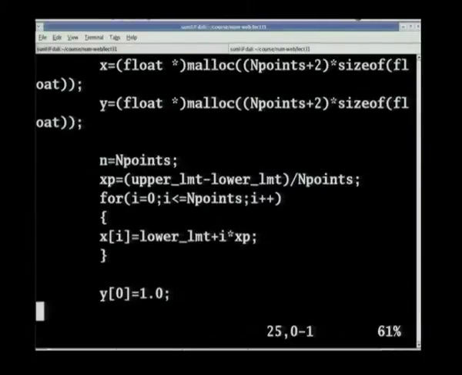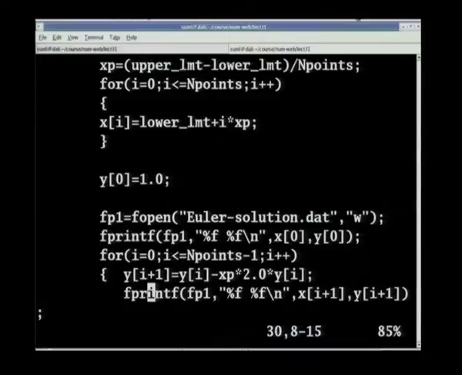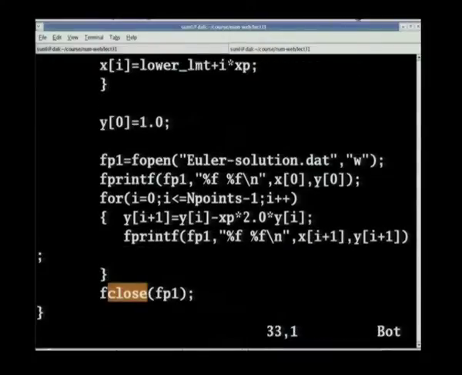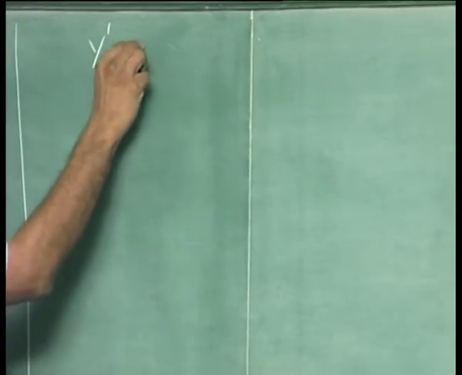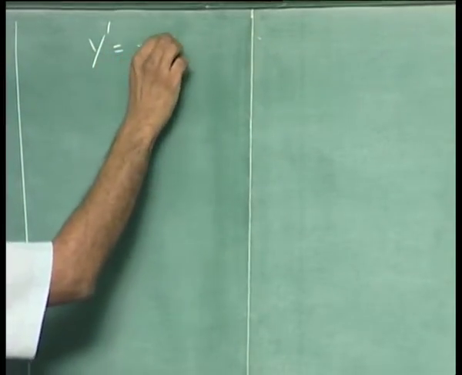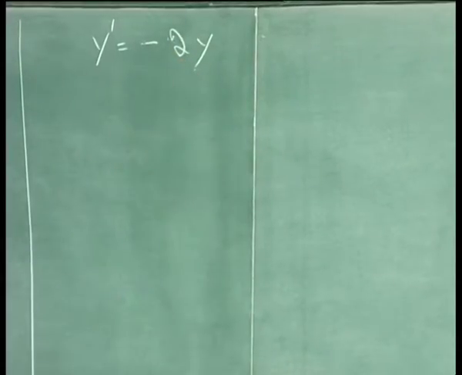So now we have a boundary condition. Now, what are we trying to solve? We are trying to solve an equation of this form: y prime is equal to minus 2y. That is, dy by dx is equal to minus 2y.